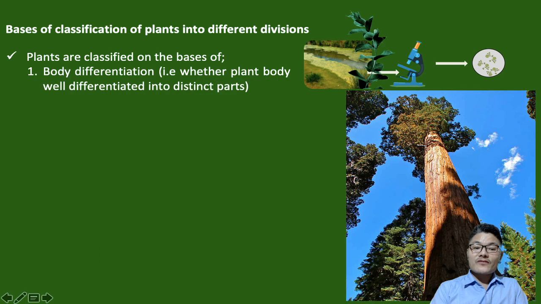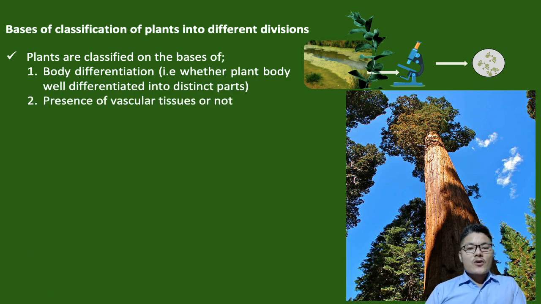So on the basis of differentiation of body, whether the plant body is differentiated or having cellular level organization or tissue level organization or organ system level of organization, on the basis of body differentiation, we classify plants.